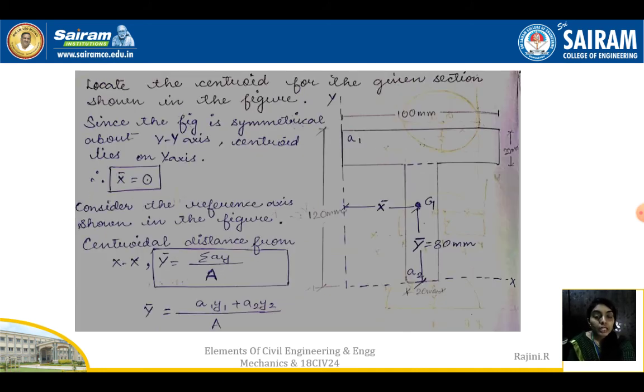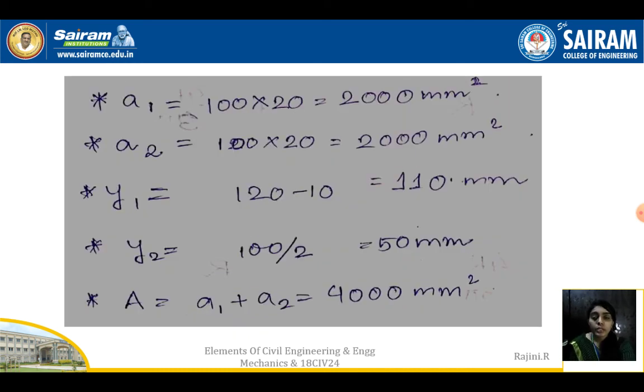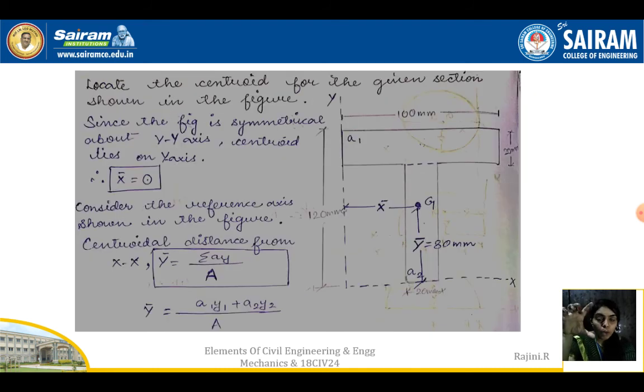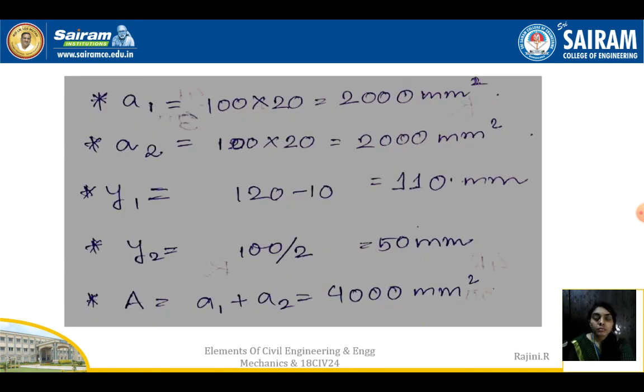Y2 means you take it to the middle of the vertical rectangle, that is y2. That is y2 is 100 divided by 2, so you are getting 50. Here the top full length is 120, so if you reduce the 20 you will get 100, and half of that is 50. So the whole area, that is capital A, is equal to a1 plus a2. So area 1 plus area 2 will be 4000 square.